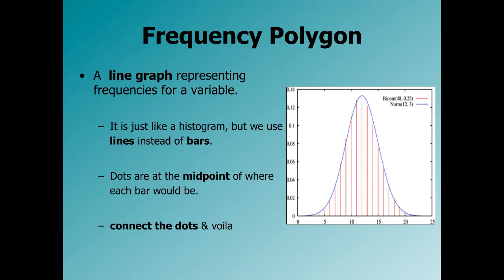The only difference is that you find the midpoint of each bar. Once you identify the midpoint of each bar, you draw a little dot in there, and you connect the dots and you draw a continuous line. Once again, in order to have a frequency polygon, you would need continuous data. So we're talking about interval and ratio.